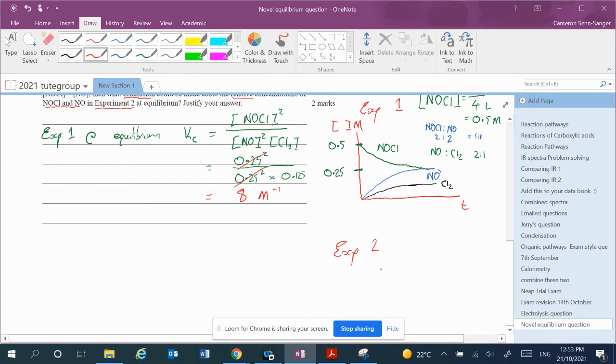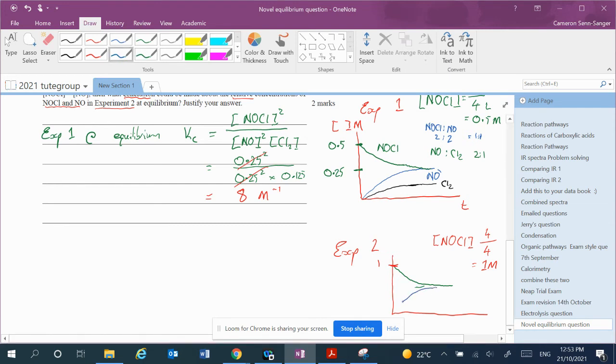So let's try and do the same thing for experiment 2. The shapes of the graphs are going to be exactly the same, but our initial concentration of NaCl is going to be twice as much. So it's going to be 4 over 4, which is going to be 1 capital M. So it's going to start at 1, and it's going to come down, and it must meet in the middle again if the concentrations were equal.